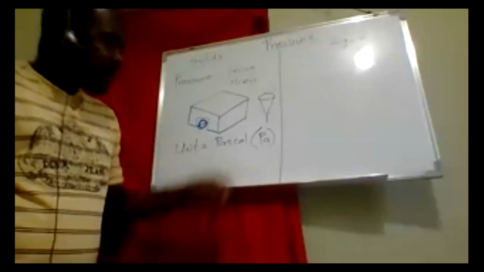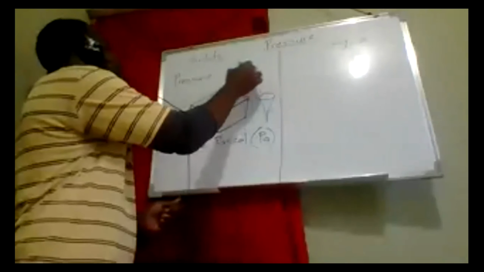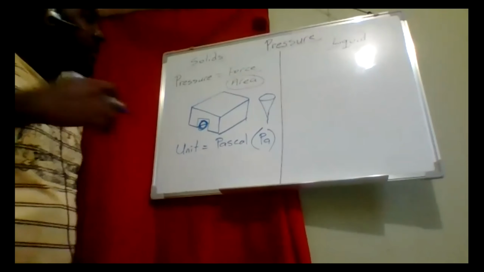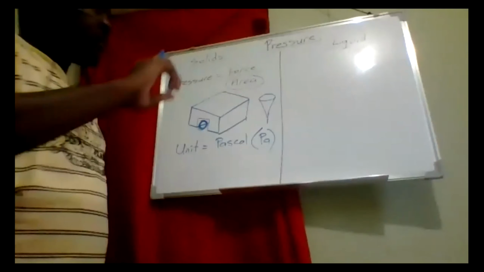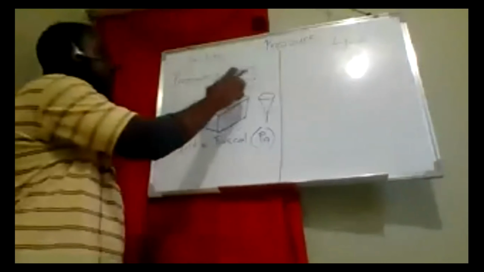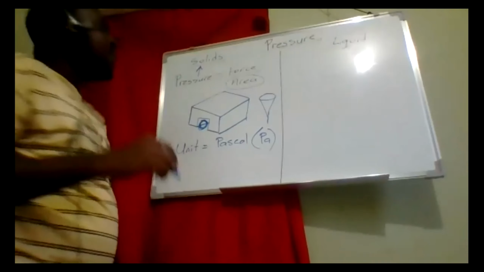All right, so the small tip means that this here is very small. So the area that will be applying the pressure is small, right? So if we have a small area, then we're going to get a high pressure, right?